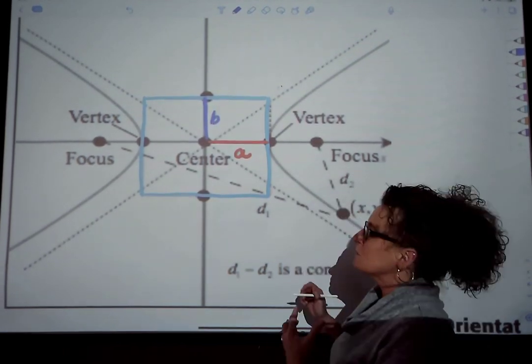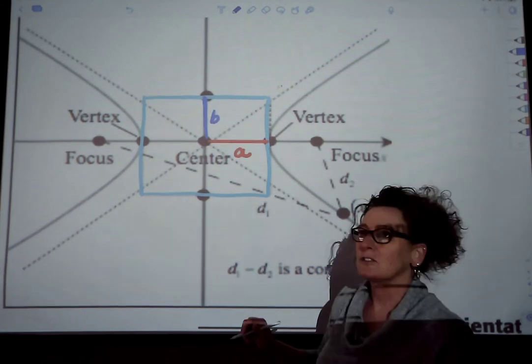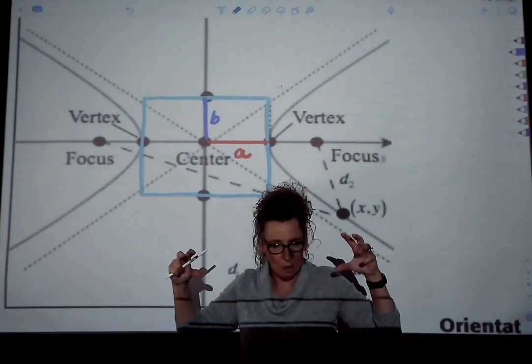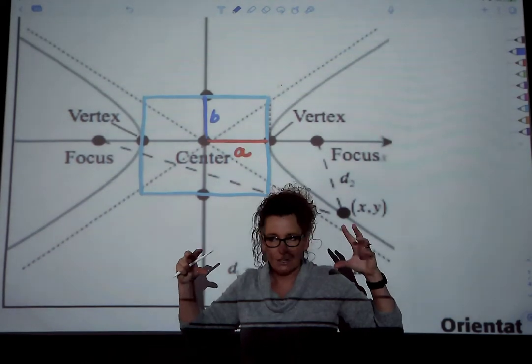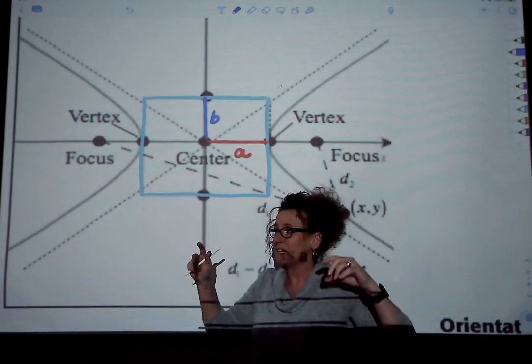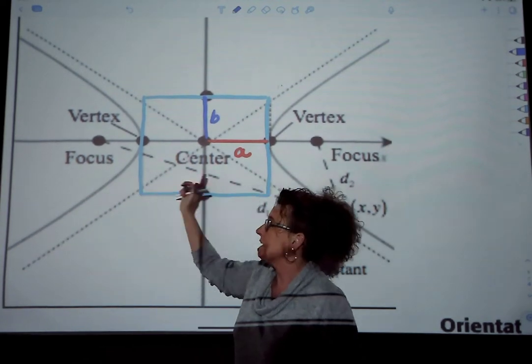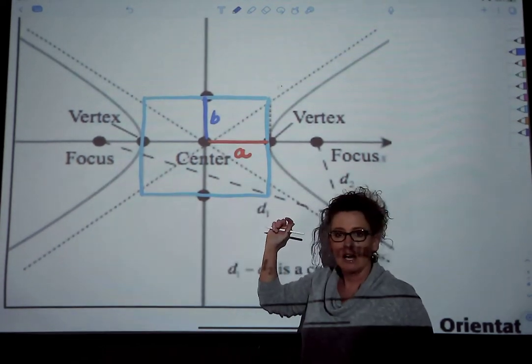And the reason we want to make that rectangle is because we need to draw asymptotes that hold in our hyperbola. The asymptotes are going to hold in each branch. Each parabola is called a branch. They're going to hold in each branch of our hyperbola.